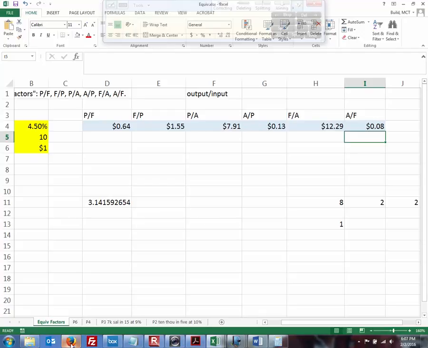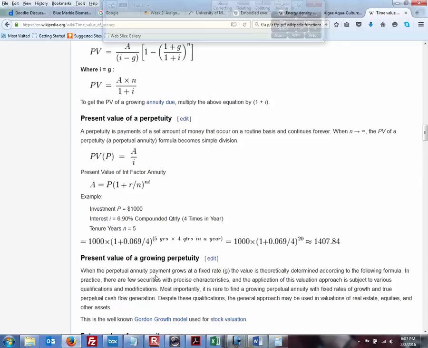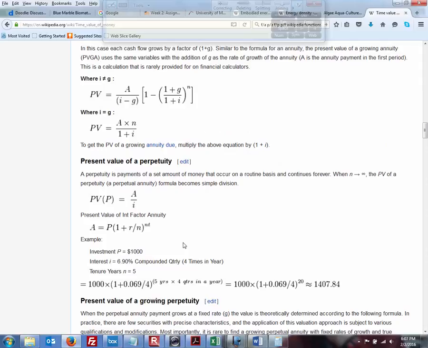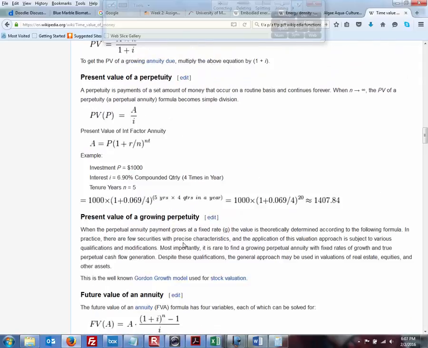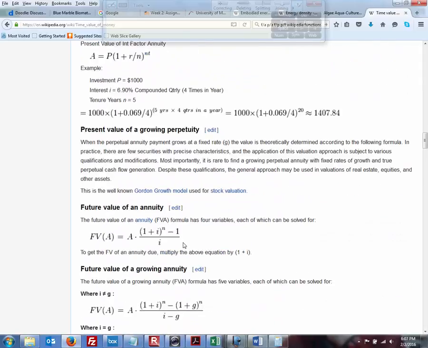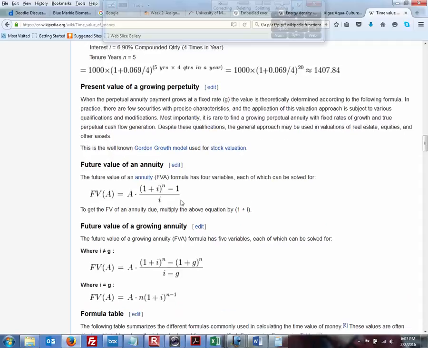Let's just go and see at the website. Future value of an annuity. Yeah, this equation is the one that you just saw in Excel for taking the annuity and turning it into a future value.